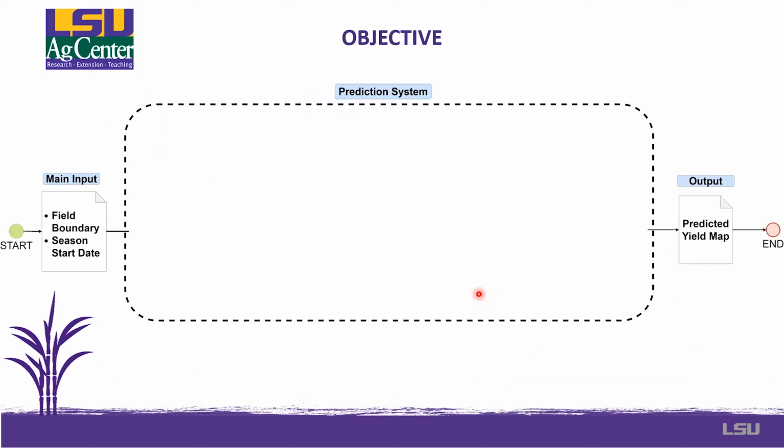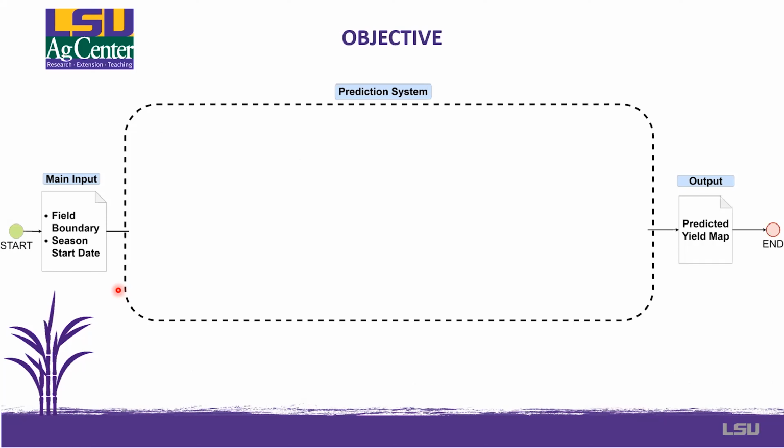So with that, this is basically a structure of where we want to get at one point with this whole thing that we thought about. We would start with something very simple: the farmer would have to provide us a field boundary and season start date.